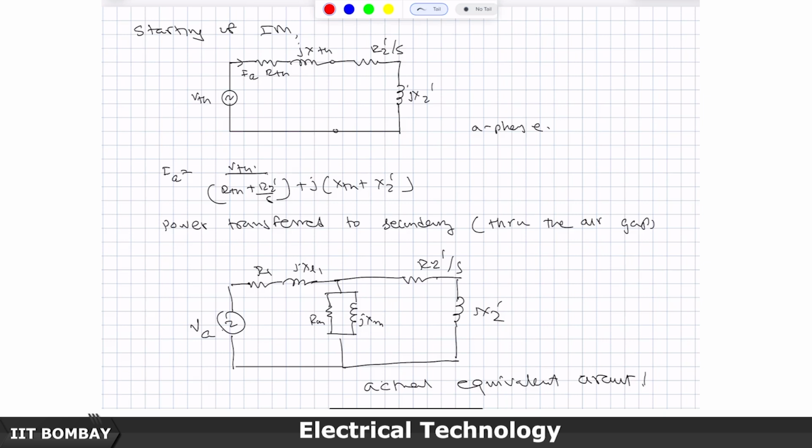If the slip was exactly 0, this becomes like an open circuit, the resistance is infinite, and the current drawn would be 0. But actually the current will never be 0, because there will be friction and windage losses associated with the winding.